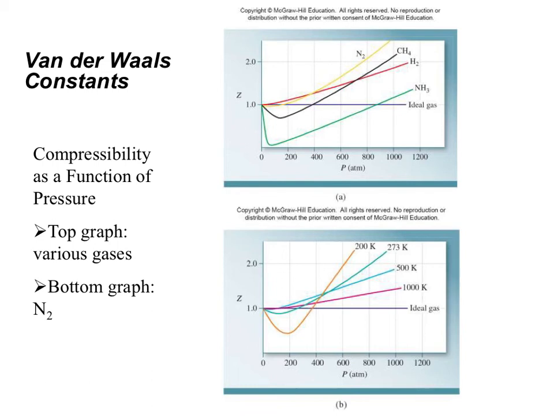Whilst most things such as nitrogen and methane compress only a small amount and then you start getting resistance. On the bottom, you will notice that as the temperature increases for nitrogen, the closer it behaves like an ideal gas. These are nice depictions showing that most gases behave uniquely and are not ideal gases.